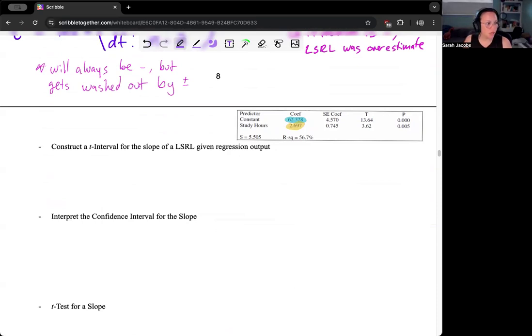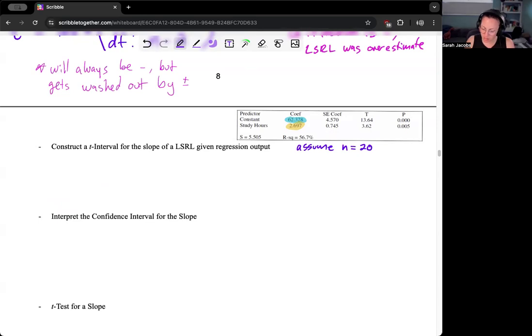And we're going to construct a T-interval for the slope. It does not give us a sample size. In any reasonable situation it would give you a sample size. I'm just going to say to assume n equals 20.